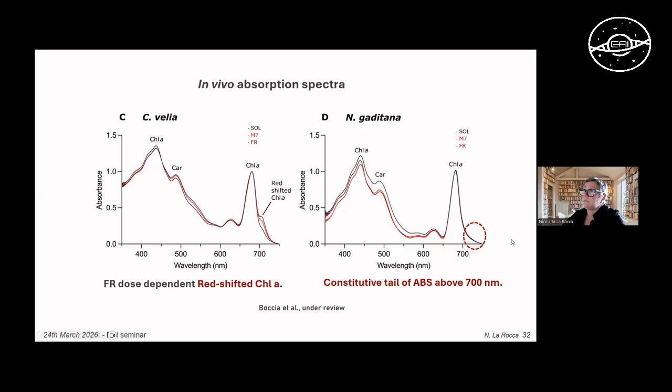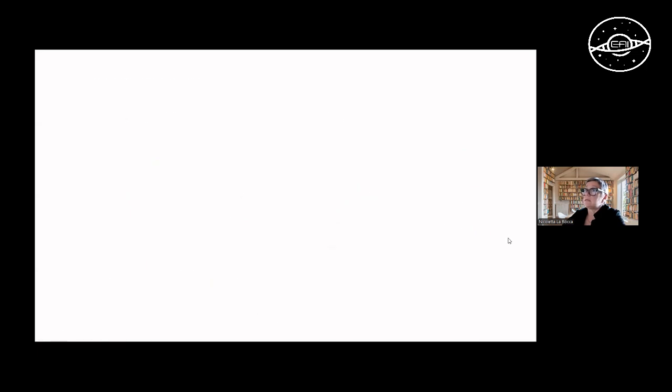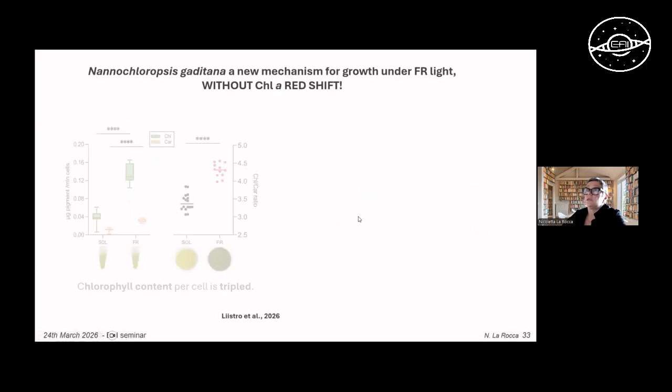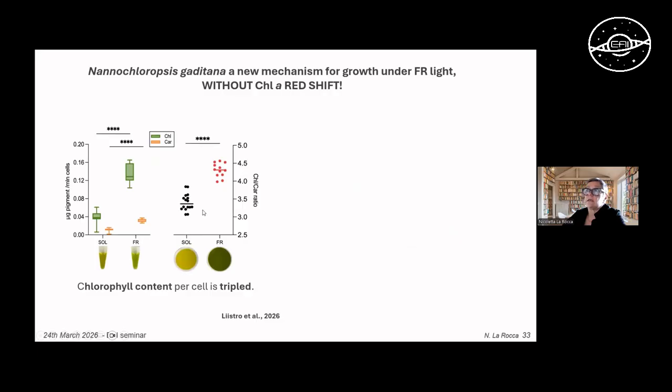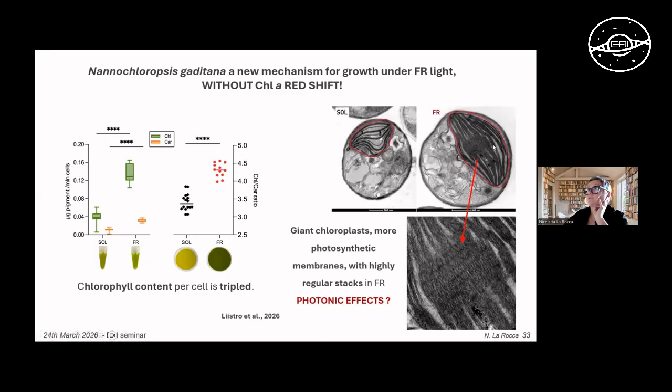And together with this trait, Nannochloropsis gaditana showed a very high increase in the synthesis of photosynthetic pigments, in particular of chlorophylls, and in cells acclimated to far-red light, showed very big chloroplasts.